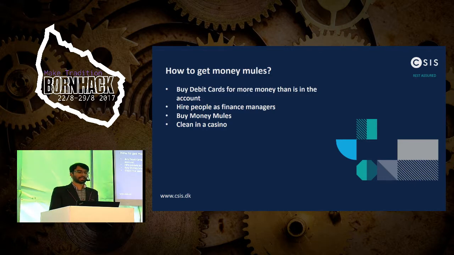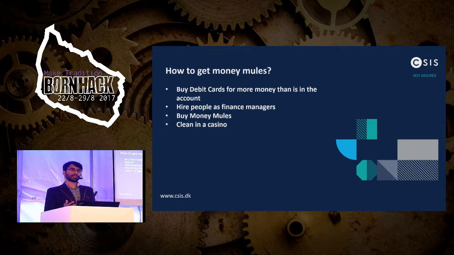And that person can then transfer the money from one of the accounts that he has access to, and then the money goes to that account. He will use that debit card on an ATM machine and withdraw as much money as he can. For example, I think in Denmark it's up to 15,000 kroner a day, or it could be 5,000 during the night. So he can basically get 15,000 kroner this way.